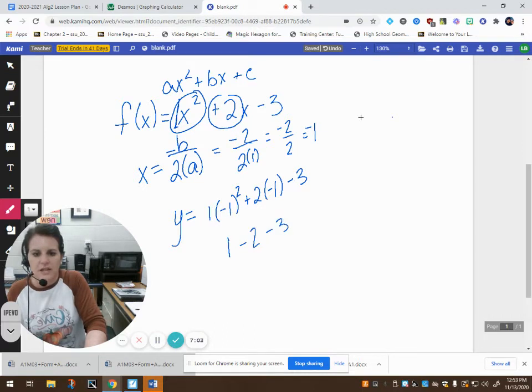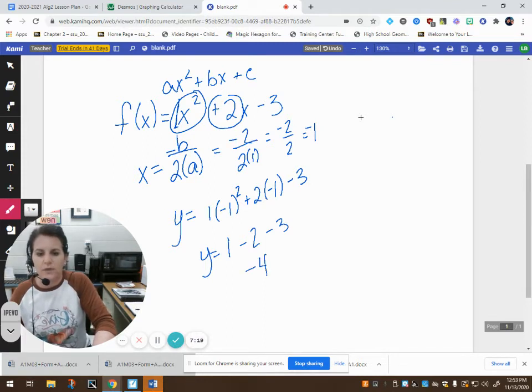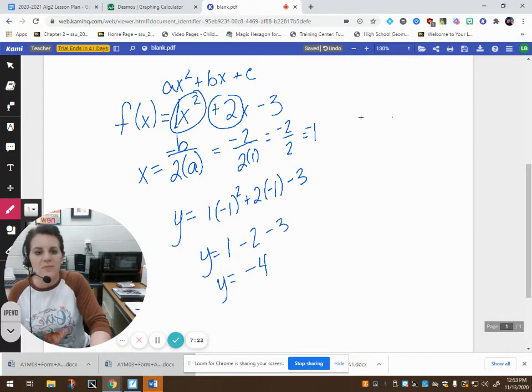Take away 3. Notice how I followed order of operations there. I did the squared, then I did the multiplication. Now I'm going to add or subtract, whichever comes first as we move left to right. So 1 take away 2 is negative 1. Negative 1 take away 3 is negative 4. So y equals negative 4. So the coordinates of my vertex are negative 1, negative 4.